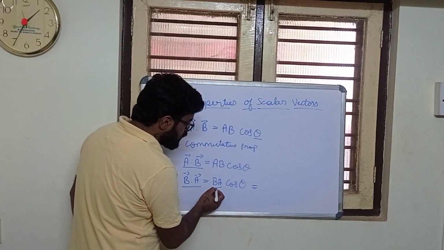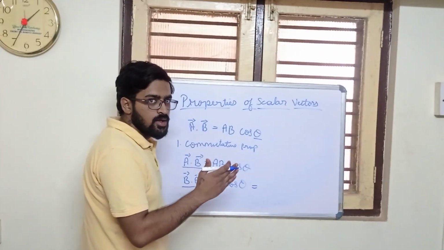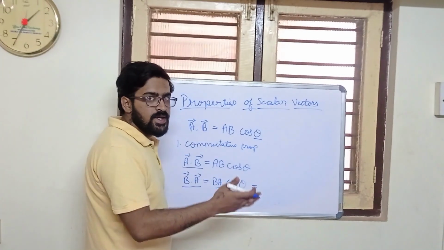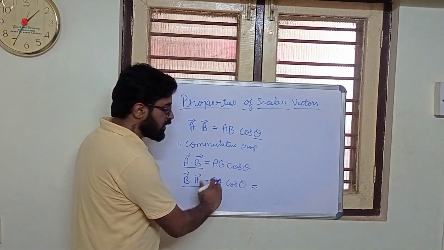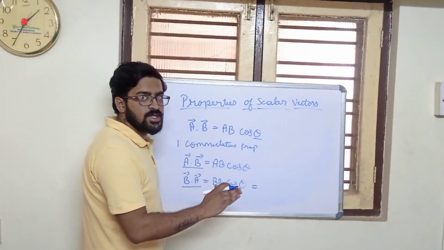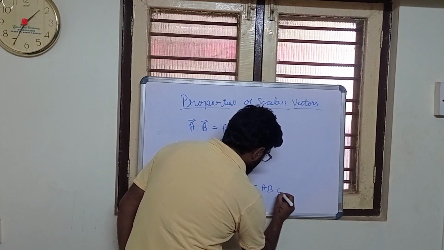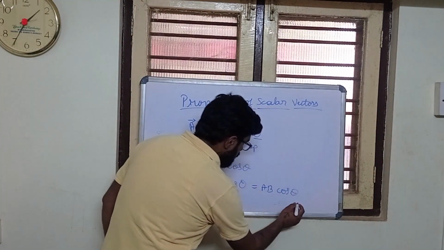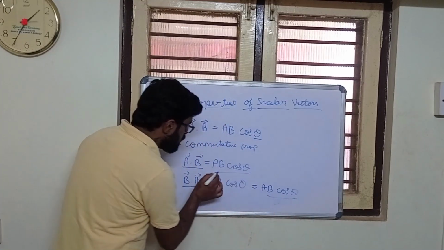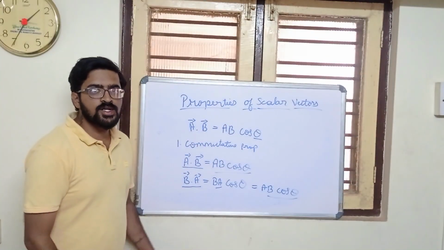This is the magnitude, which can be written in terms of A and B. If you multiply A and B, or B and A, the answer will be the same. So AB cos of theta, this value and this value are the same. What does this mean?